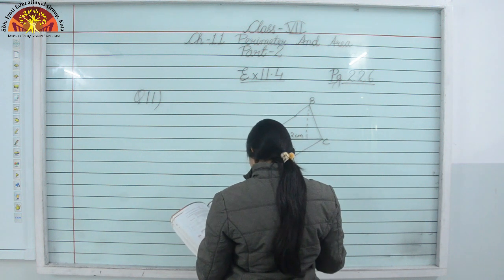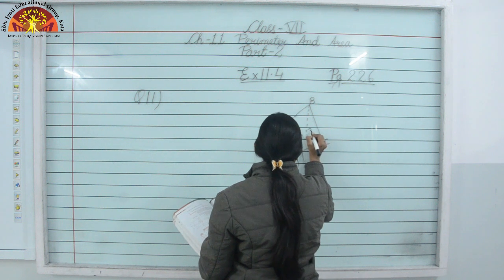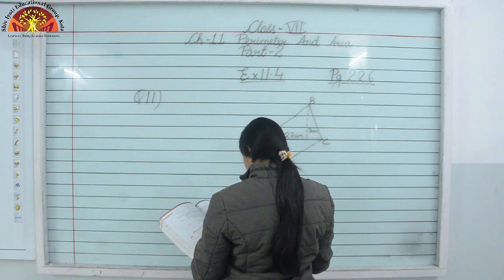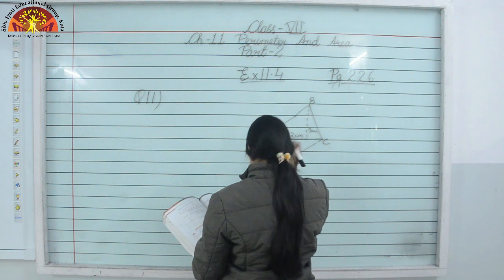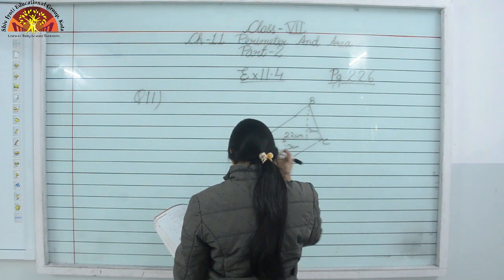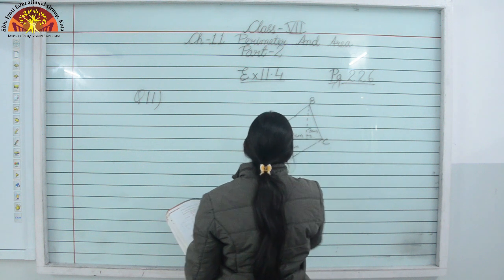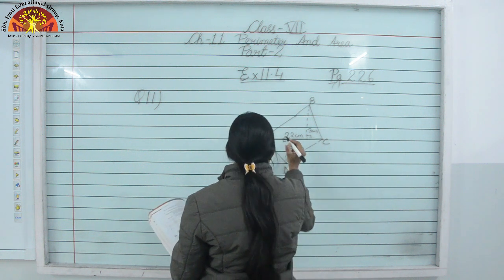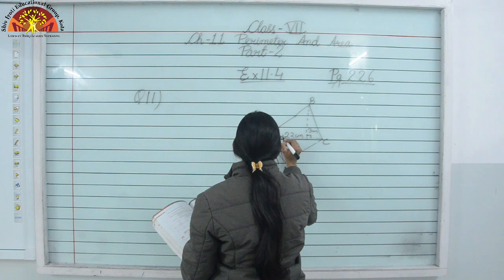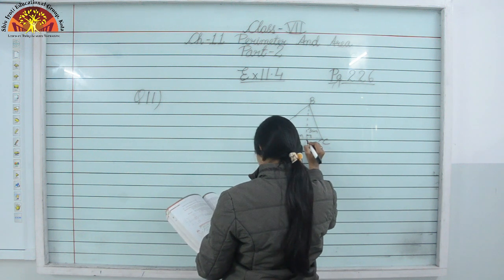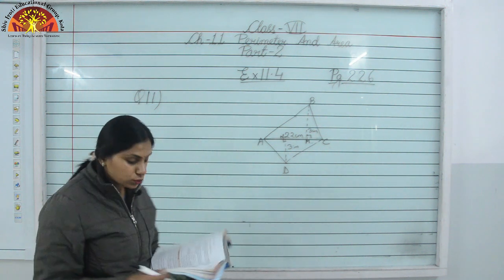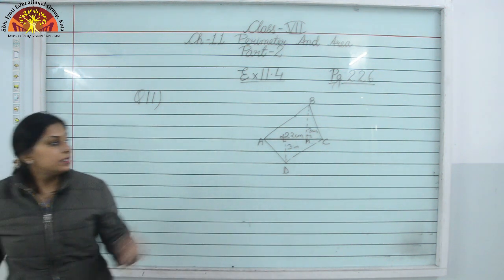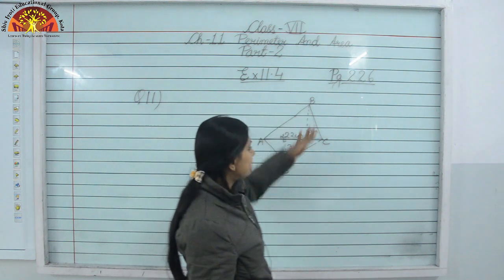Length of the perpendicular is given to you, that is BM is equal to 3 centimeter, and DN is also equal to 3 centimeters, and BM is perpendicular to AC and DN is perpendicular to AC, okay. This is N, that is DN, and this is M, that is BM, okay. Now what you have to do? You have to find the area of the quadrilateral ABCD.